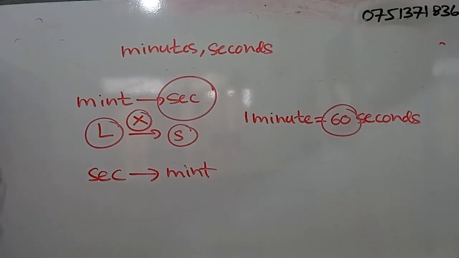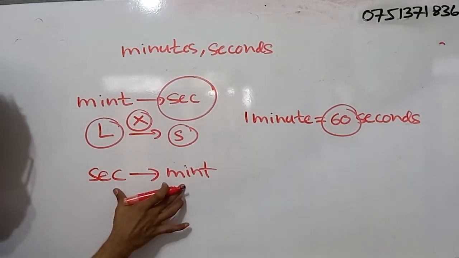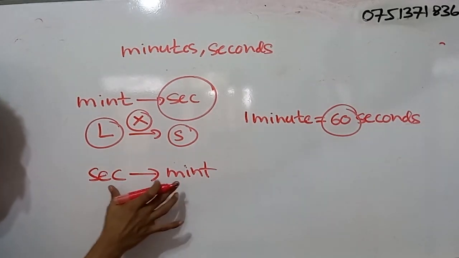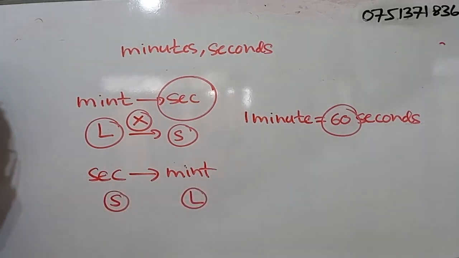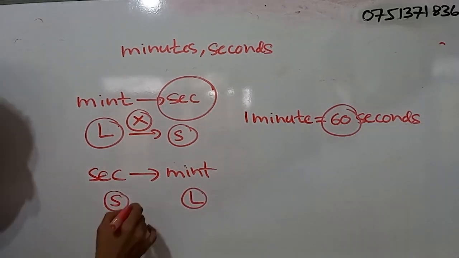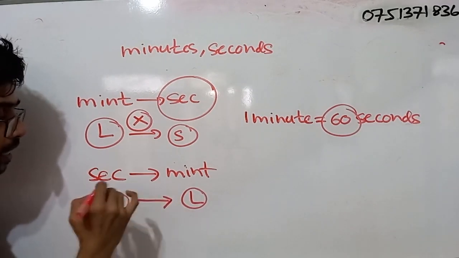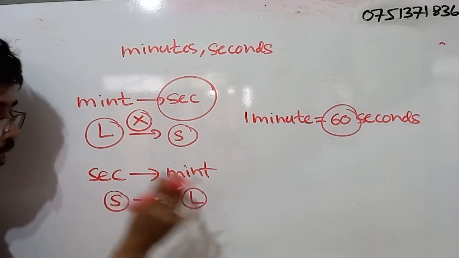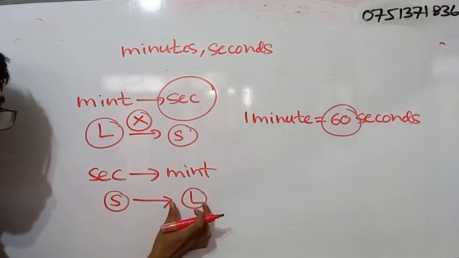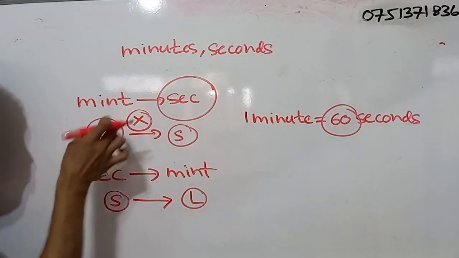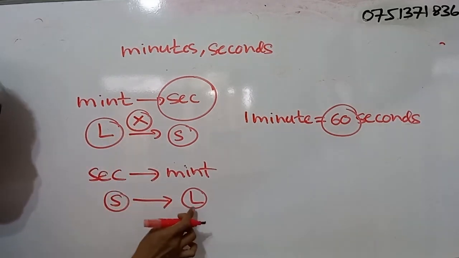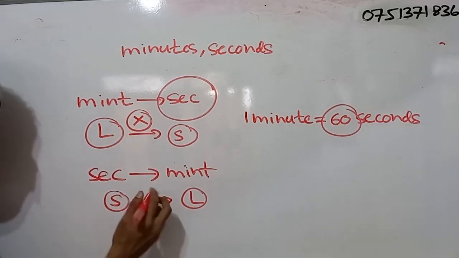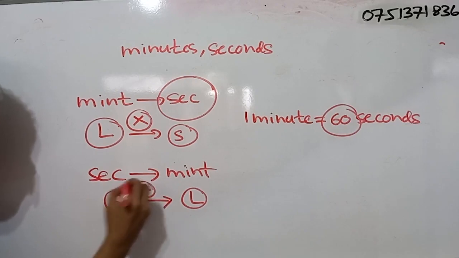When we compare these two units, seconds is the smaller unit, minutes is the larger unit. So here we have to convert a smaller unit into the larger unit. Larger unit into smaller unit, we do the multiplication. Smaller unit into larger unit, we have to divide.